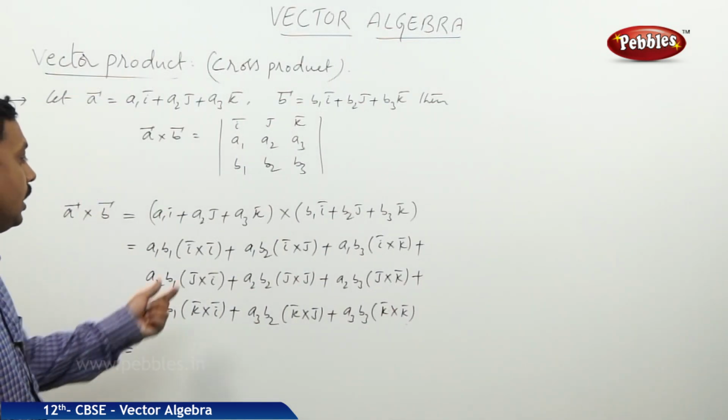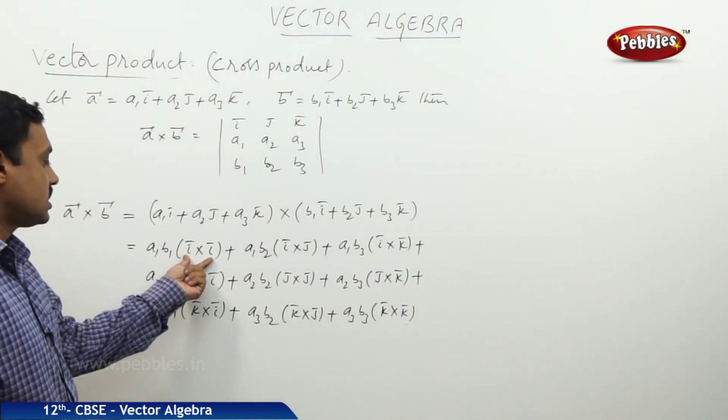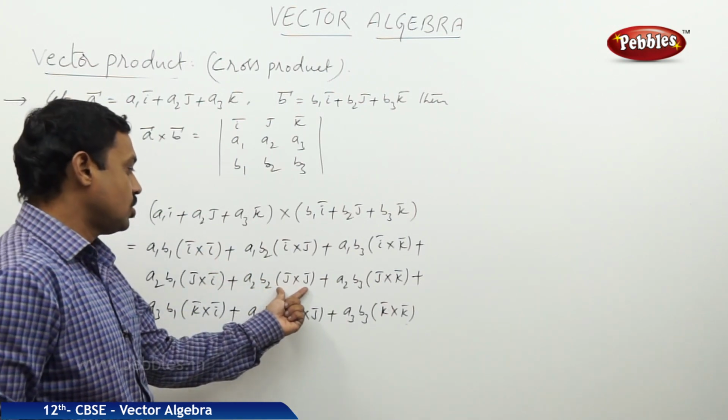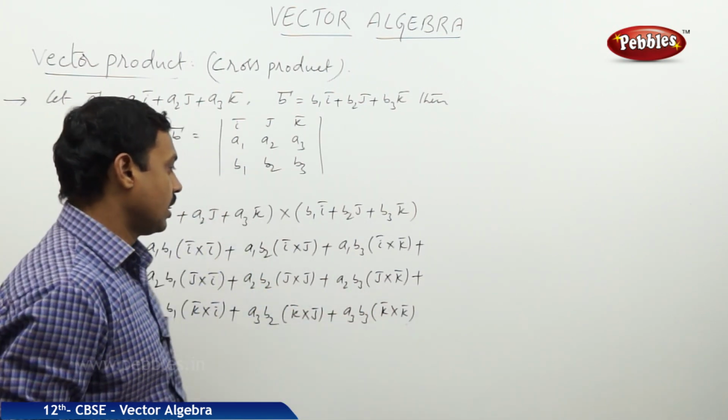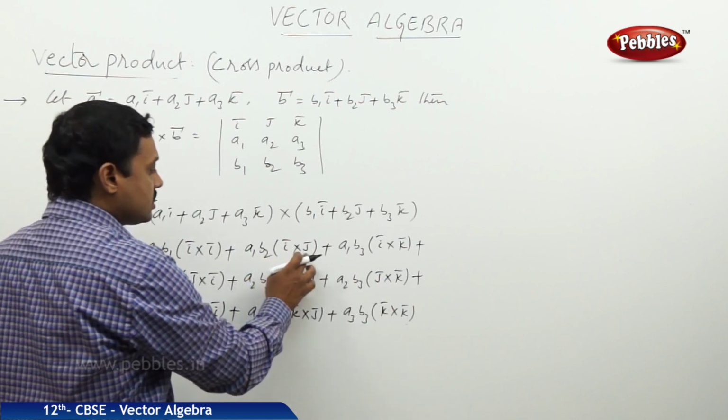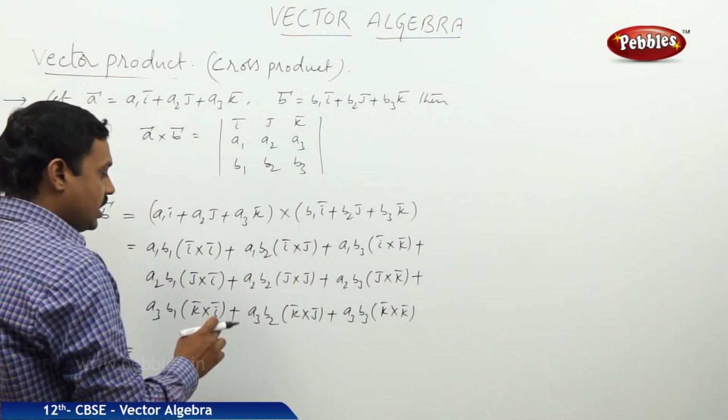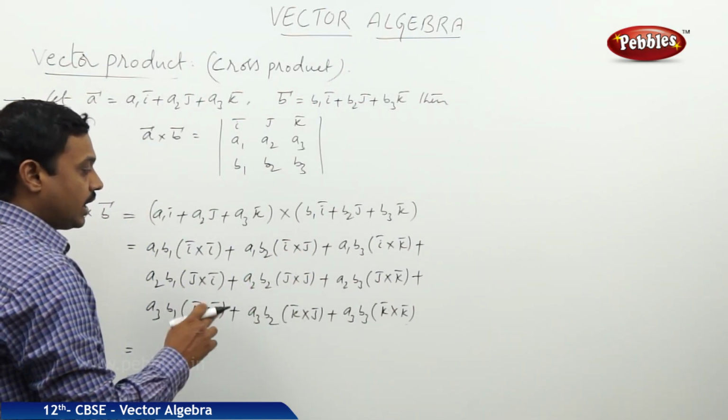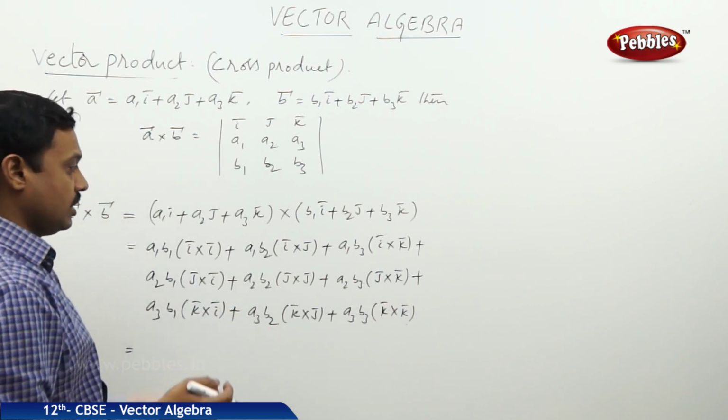Now already we know that i cross i is 0 bar, j cross j is 0 bar, k cross k is 0 bar, and i cross j is equal to k, j cross k is equal to i, k cross i is equal to j.